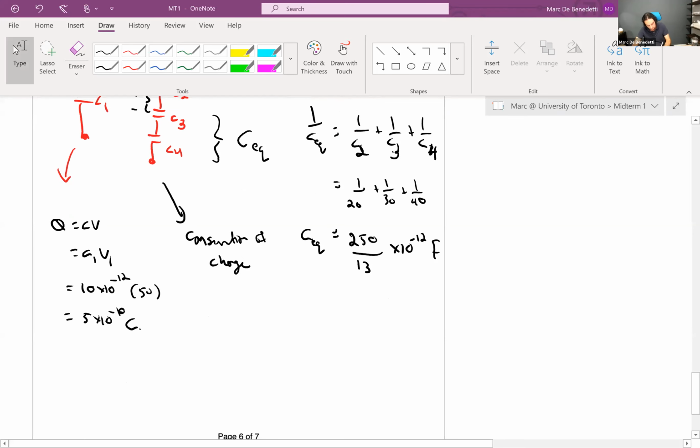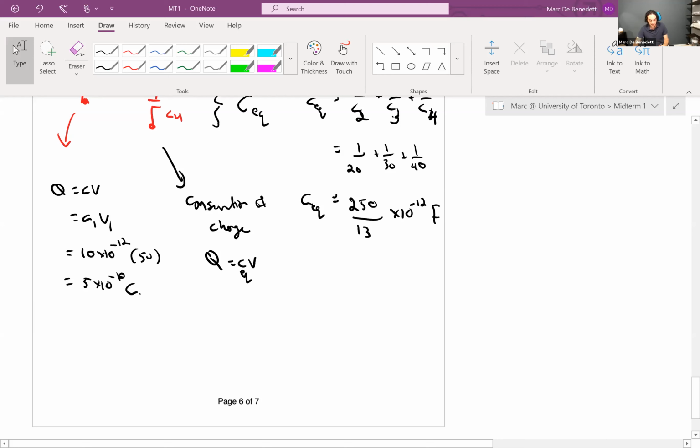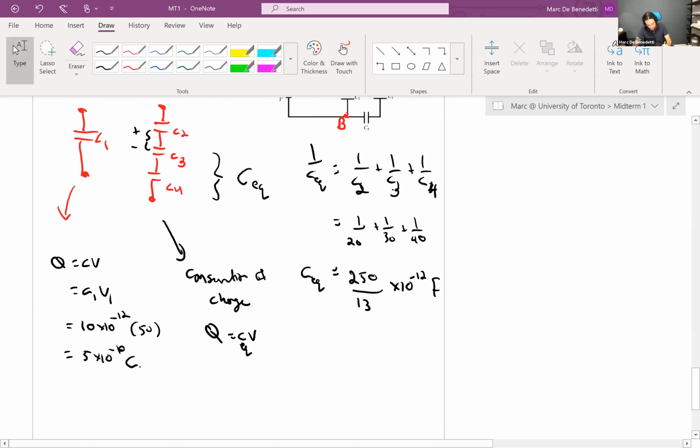So here we can say Q equals C equivalent times V. And we know that the V is between A and B, so it's the same 50 volts as it was before.